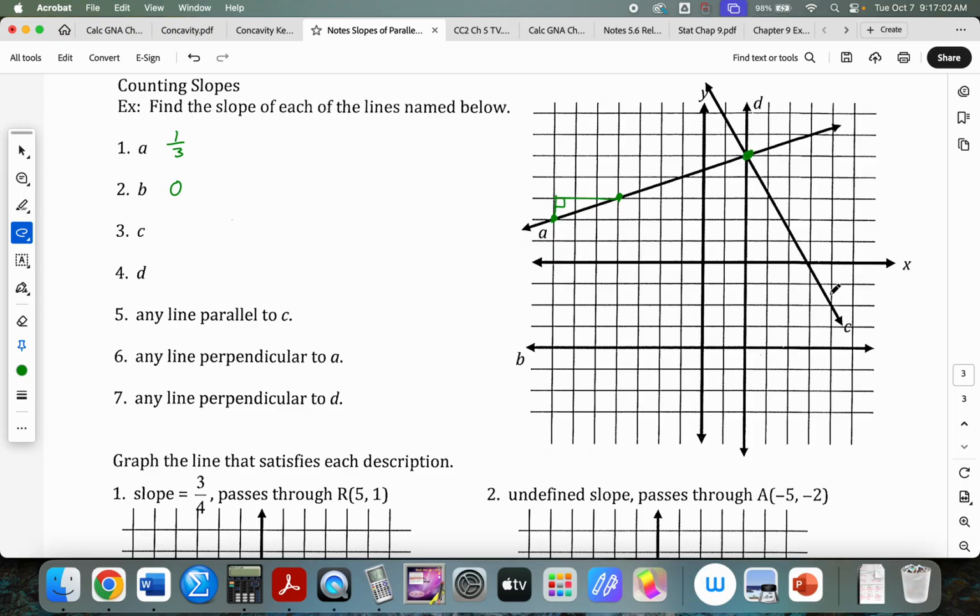And the next one is not until we get all the way down here. This is a near miss here at the x-axis also. So this goes down 1, 2, 3, 4, 5, 6, 7, and to the right 4. So that's -7/4.